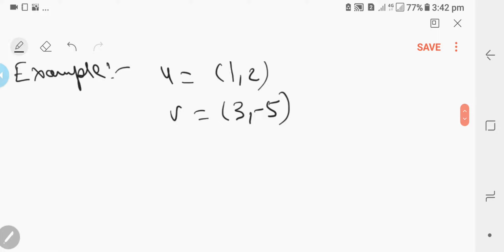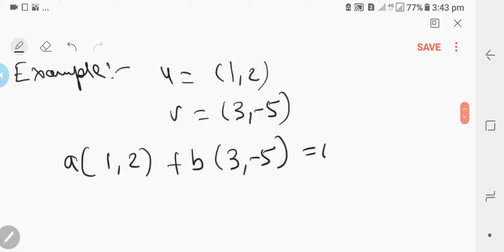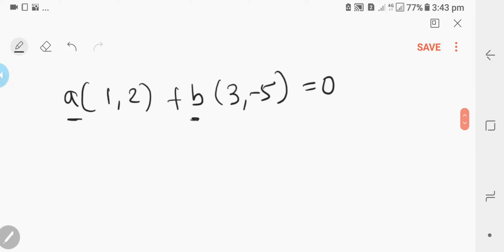If the determinant is 0, then the set of vectors is linearly dependent. If not 0, then linearly independent. Another traditional method is to take their linear combination and check if the scalar quantities are 0 or not.